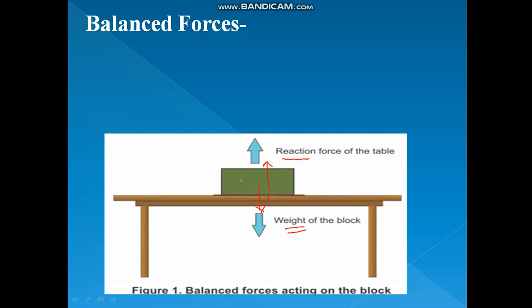So that means there are two forces acting. There is one in the downward direction, which is W. There is another in the upward direction, which is the reaction. And in this case, W is equal to R. So this happens to be a situation of balanced forces acting on a block.